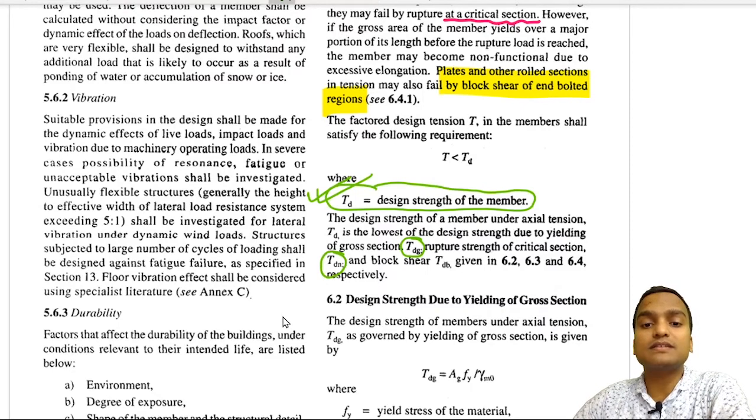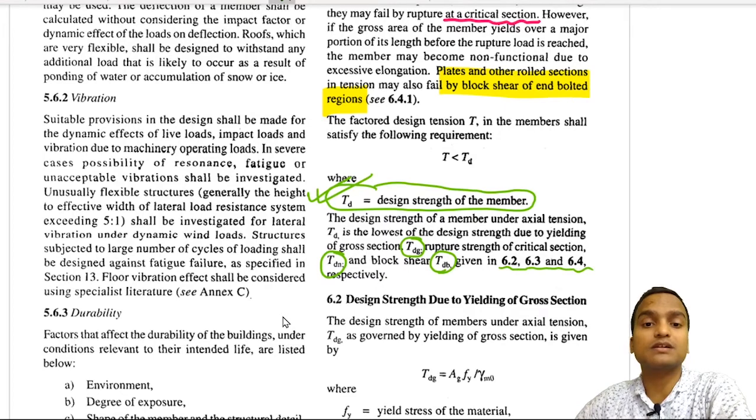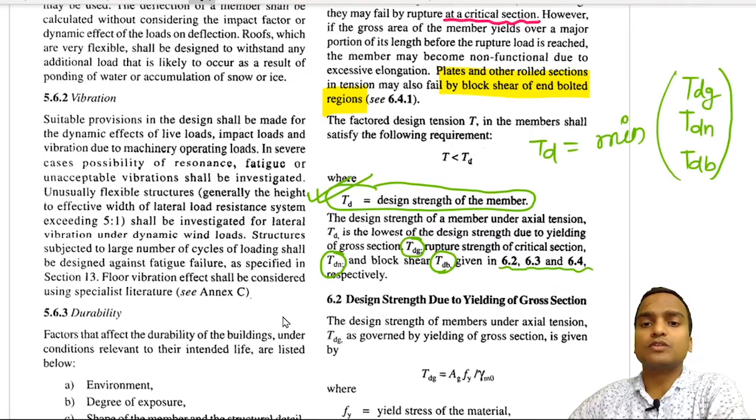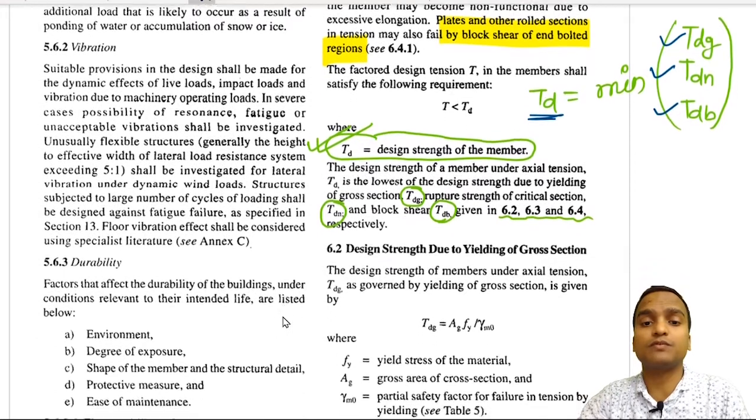And the third is block shear, Tdb, given in Sections 6.2, 6.3 and 6.4, which we will discuss respectively. So the value of Td will be the minimum of all these three strength values. Now our goal is to calculate Tdg, Tdn and Tdb.